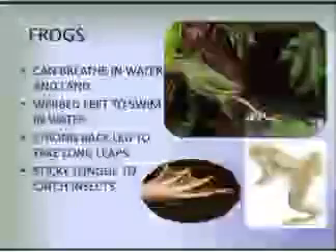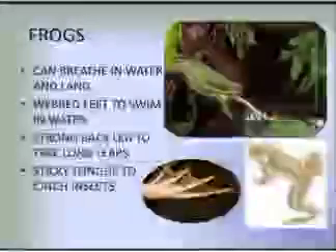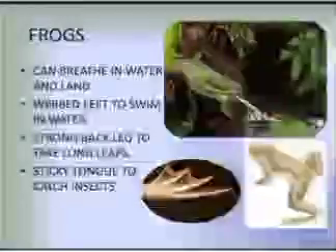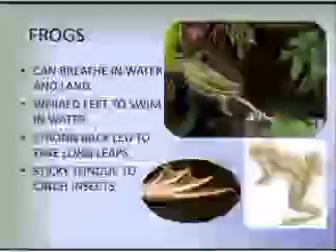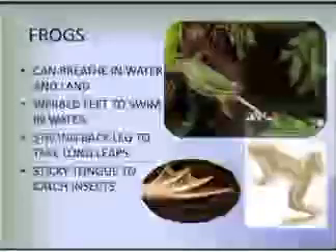They have webbed feet to swim easily, and in water, frogs breathe through skin, and on land, they breathe through lungs. So these are some of the adaptation features of different animals living in aquatic habitats.